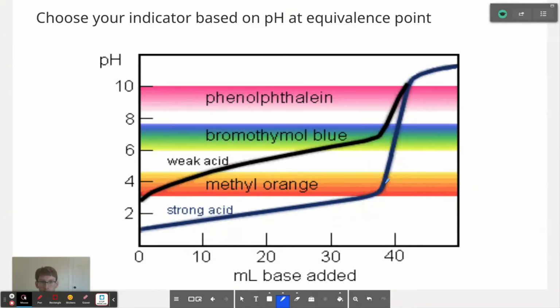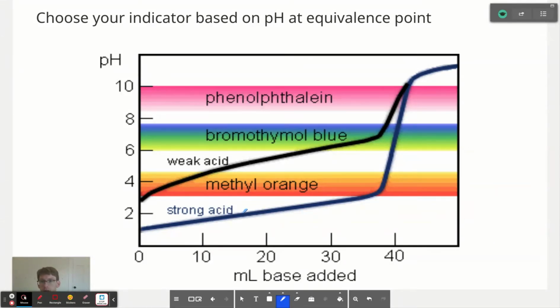If you think that your equivalence point is going to be closer to 4, then maybe methyl orange is the indicator that you should use. If you have a case of a strong base and a weak acid, phenolphthalein is usually what you'll use, and that changes actually around in the region of 9. You start to notice it a little bit north of 8. And bromothymol blue is pretty good if you're right around the 7 mark.